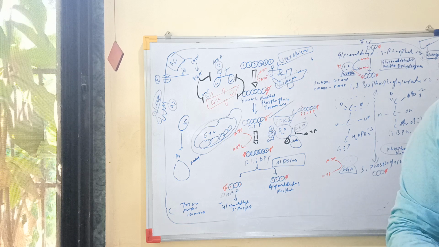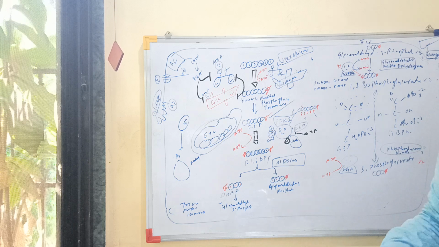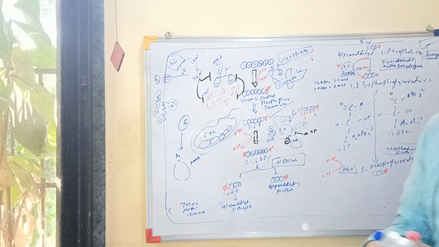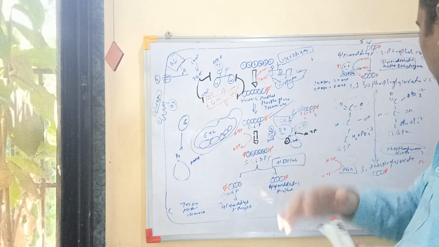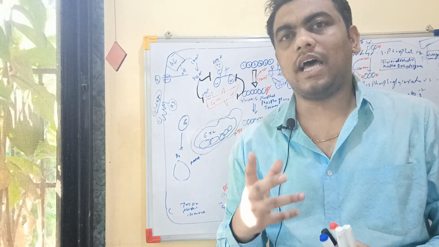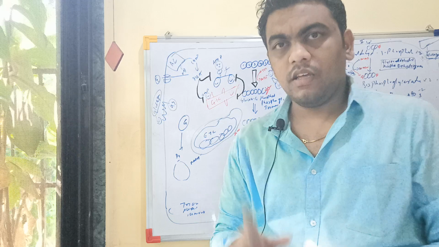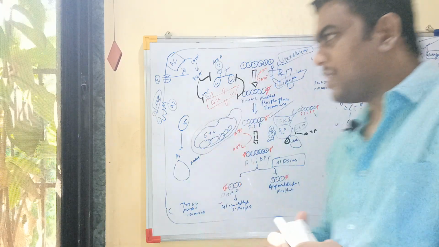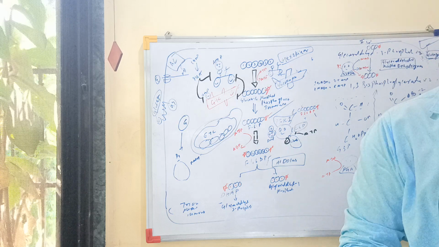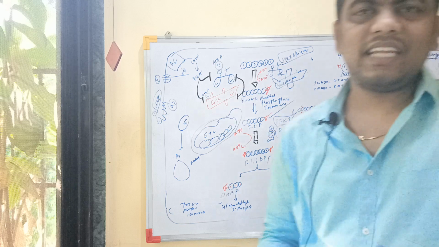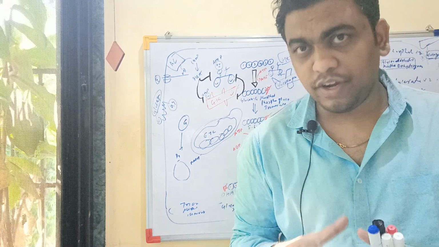Okay, so I will take you a little bit sidetrack from here because it's very important. You have heard about arsenate poisoning. When a person takes arsenate, this arsenate is a very problematic compound because it mimics inorganic phosphate.